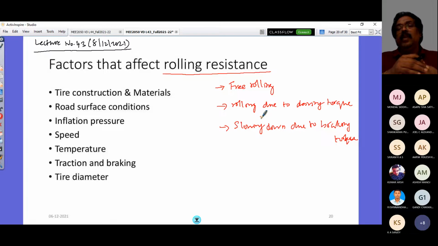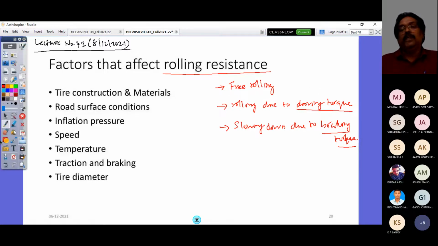What this means is that you need to understand the condition of a free rolling tire. A free rolling tire is one that is subjected to neither driving torque nor braking torque. It is rolling because of its initial disturbance or an initial push given to the tire. For example, on a gentle slope, not a very high slope, not coming down a hill, you see your vehicle is stopped and you don't put on your handbrake.